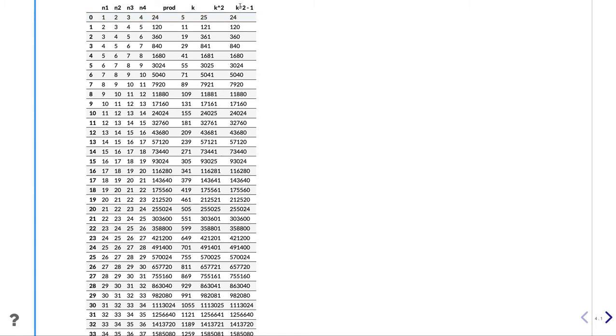So let's look at the rightmost column, which is 24, and move backward. If k square minus 1 is 24, then k square is 25. We have just added 1, and then we can take a square root, which is 5. Moving down, we see that the product and k square minus 1 match exactly in all the rows. This gives us some intuition that, looking at a few examples, this equation seems to hold. But how can we prove this?